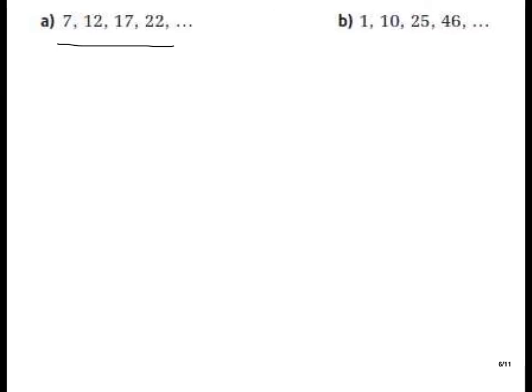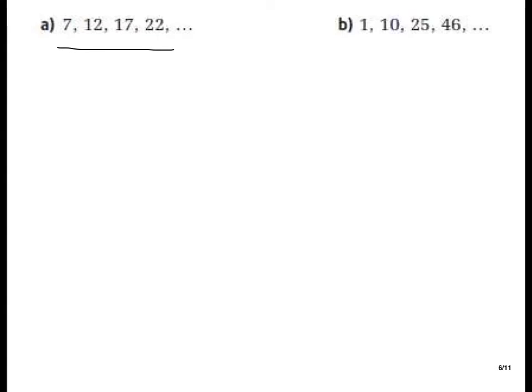So for this first sequence, part A, I'm going to have n, which is my term number, and then t sub n. So term 1 is 7, term 2 is 12, term 3 is 17, and term 4 is 22.